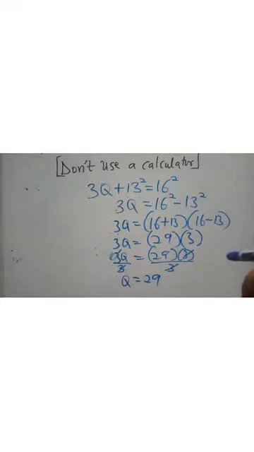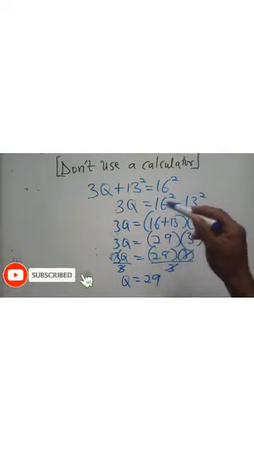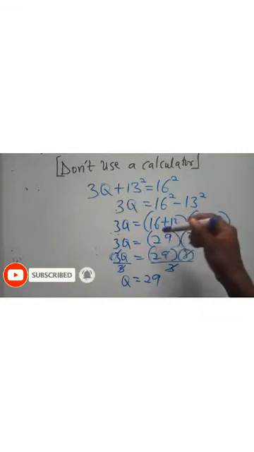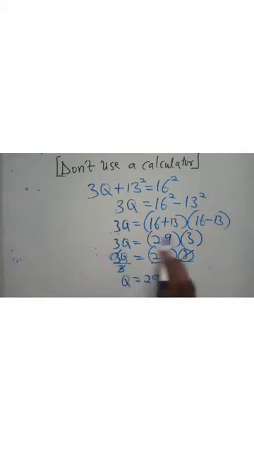So this is called difference of 2 squares, and this is how we factorize difference of 2 squares: 16 plus 13 and 16 minus 13. So from here there was no need to multiply this by that, because I could see that 3 could divide the 3 or cancel it out. So I was left with Q equals 29.